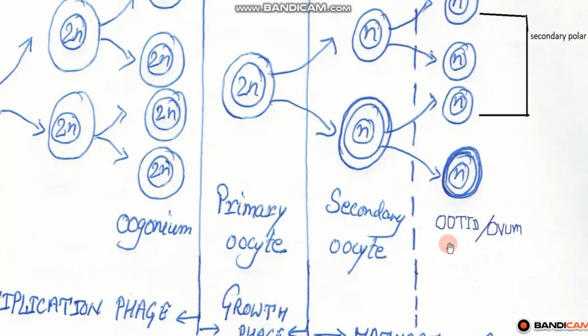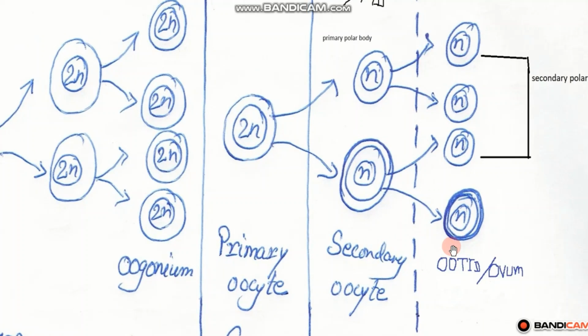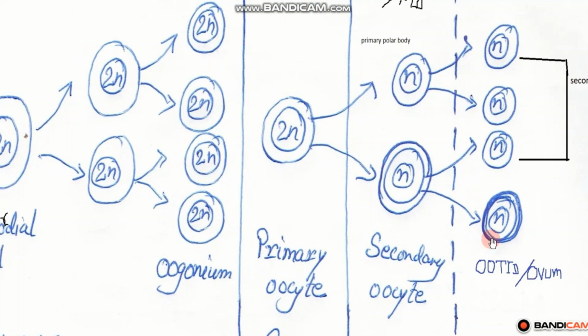This structure is the oocyte. In male gametogenesis, I told you that the primary spermatocyte will form two equal cells, and all four cells form sperms. I think you remember that lesson. All four cells are converted into sperms, but in oogenesis, only one cell will form an ovum.